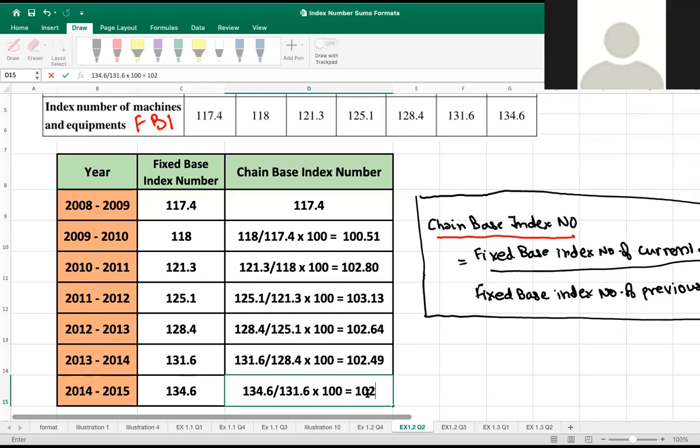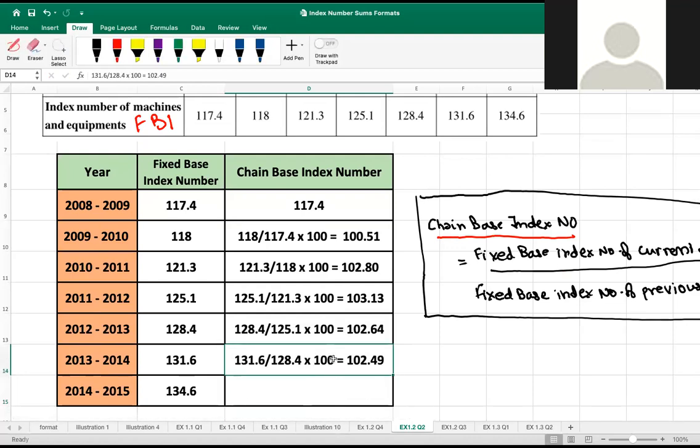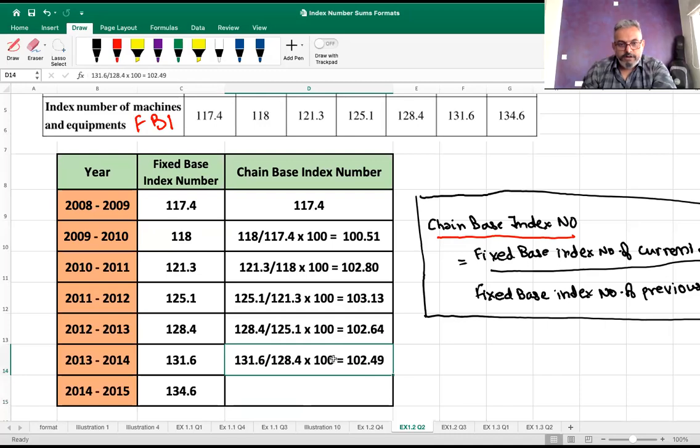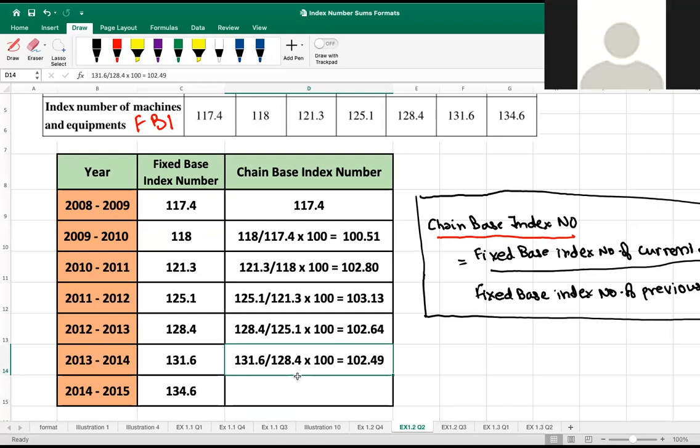Sir, above 102, there is 104 coming. Okay, let me check: 131.6 divided by 128.4 is 102.49. No sir, above 102.64, it is 103.1.